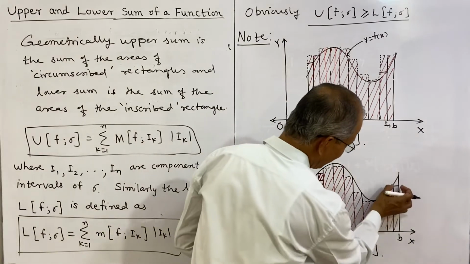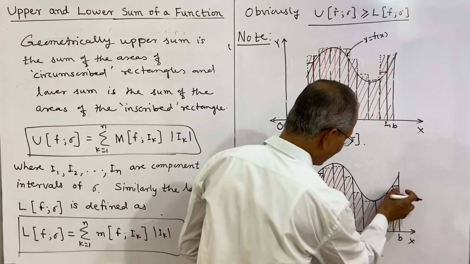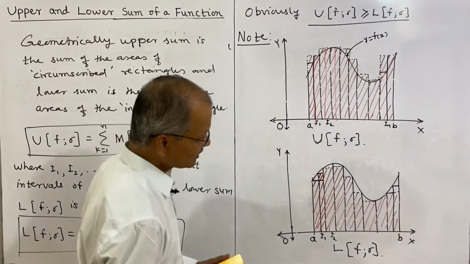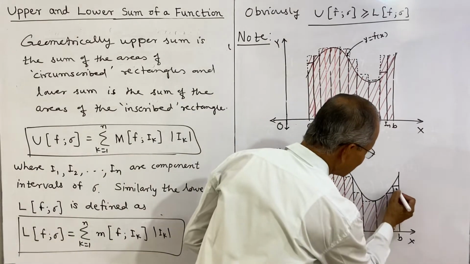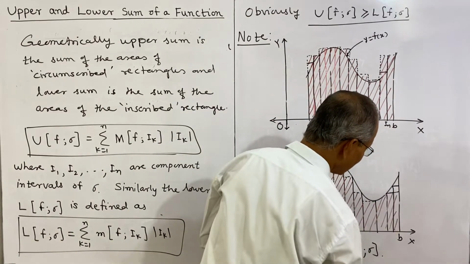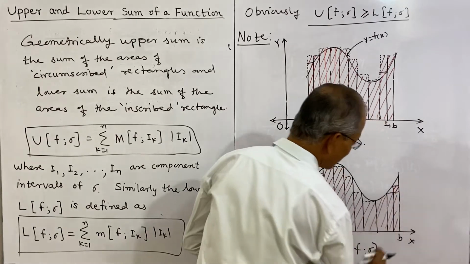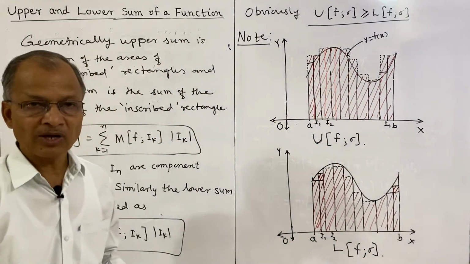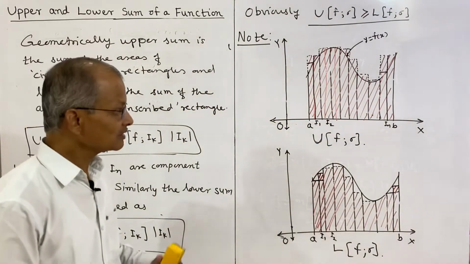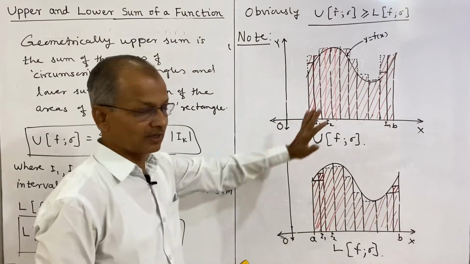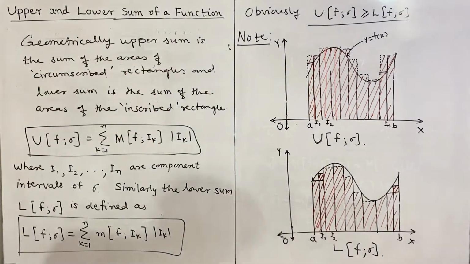The lower value of the function is this one, and therefore this part is added in the sum. So if you take the refinement, the lower sum increases and the upper sum decreases. You should verify this. Now we shall state and prove a lemma.